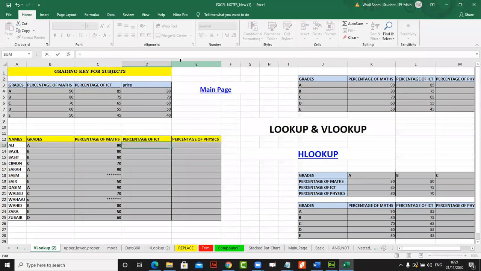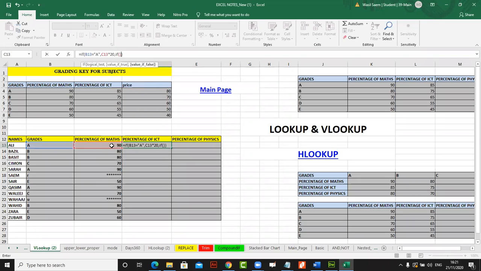What I'm saying over here is, if this cell is equal to A, comma, then I would like to multiply this cell by 20.